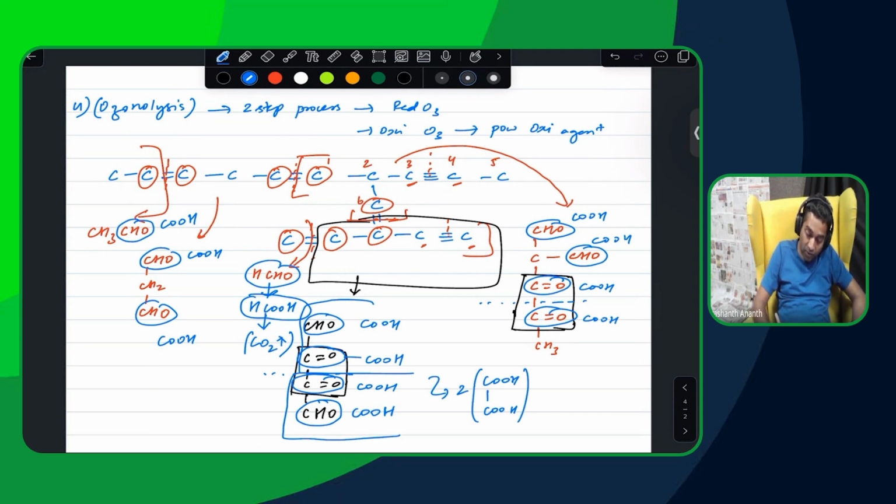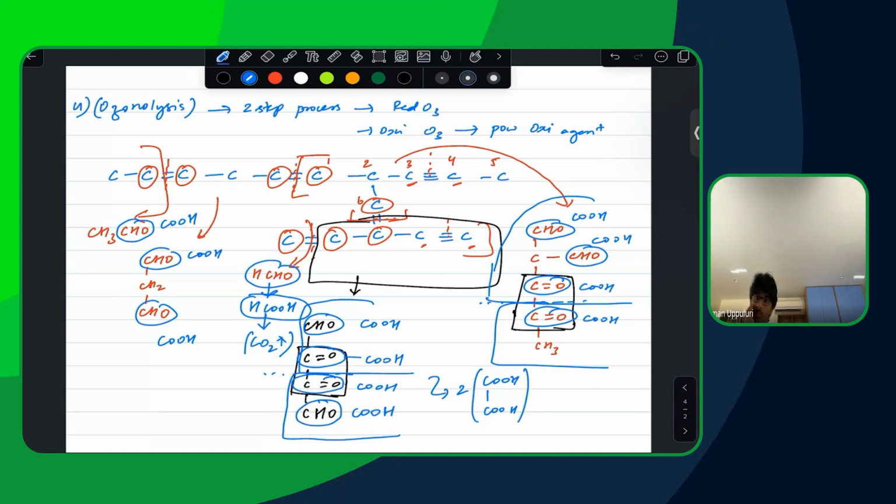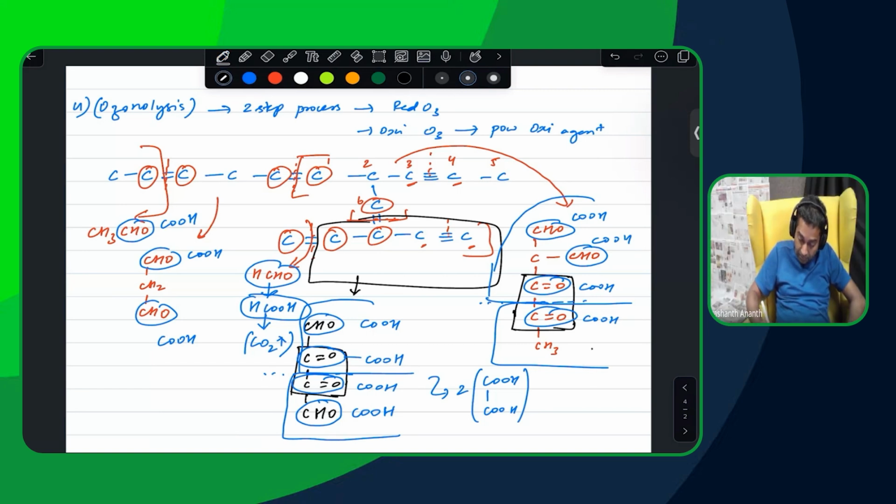Same way here, this compound will become something where this will be one molecule, and this bottom part is going to be another molecule. So you get another molecule of acetic acid actually. Basically, this will become acetic acid also, which is same as this.